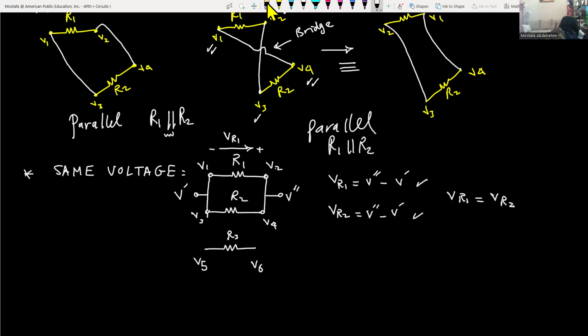And we connect V1, V3, V5 together, and we connect V2, V4, V6 together. That's VR2, and that's VR3. VR3, again, is V double dash minus V dash. So again, that's equal to VR3. If you have even an infinite number of parallel resistors, they must have the same voltage.